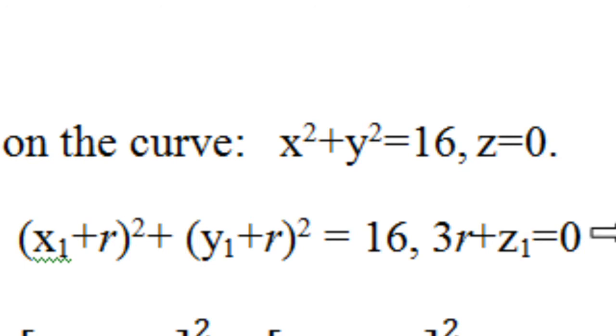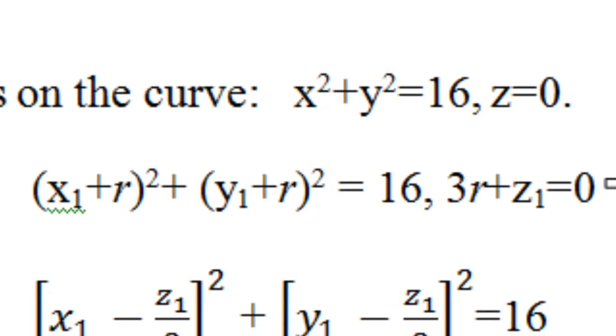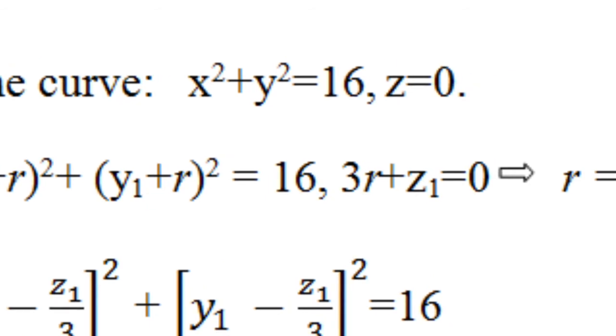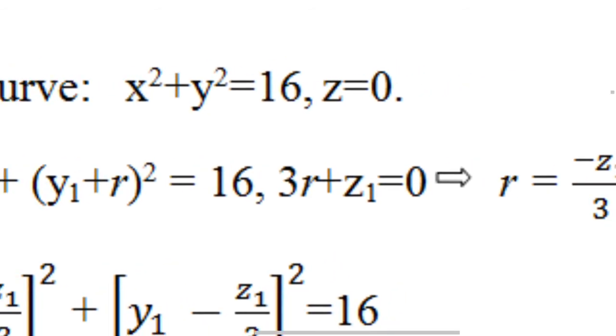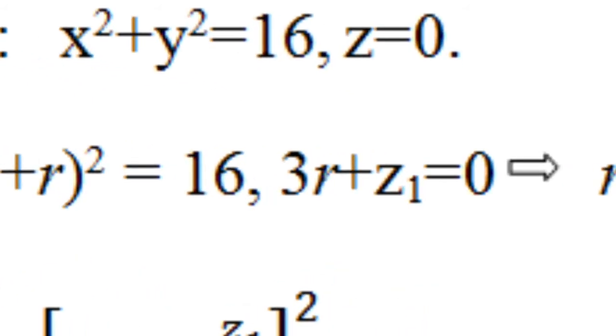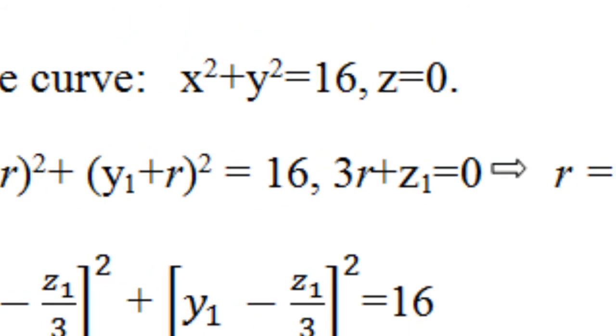Similarly, y is equal to y1 plus 2r. If you substitute, what happens here? (x1 plus r) whole square plus (y1 plus 2r) whole square is equal to 16, comma, z is equal to 0. What is z here? 3r plus z1 is equal to 0.